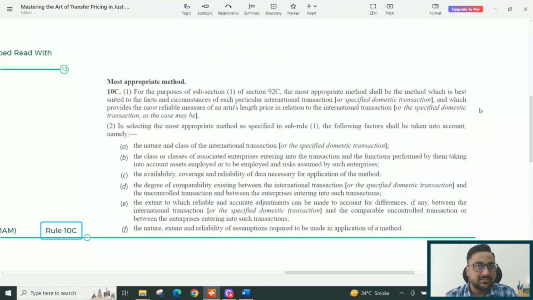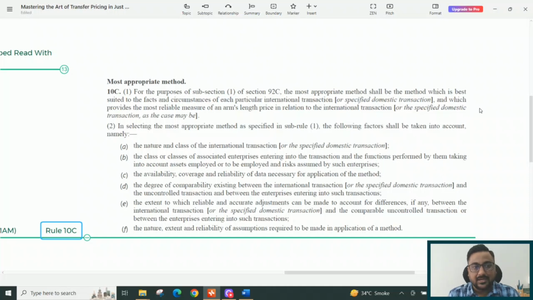We also need to see practically what could be the uncontrolled scenario, what would have happened under the uncontrolled scenario. That is where the concept of options realistically available comes in. So what are the options which would have been realistically available to the party to the transaction, the associated enterprise? That also needs to be assessed. So these are all the factors that you need to take into account when you are selecting your most appropriate method basis which you are going to compute the ALP.